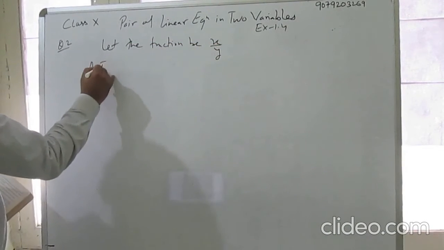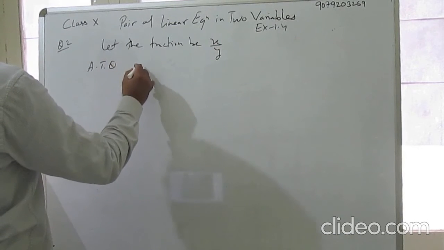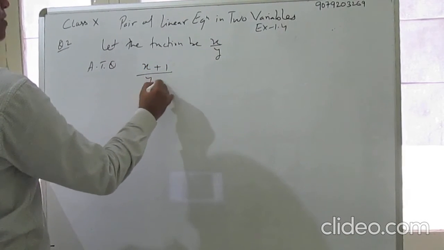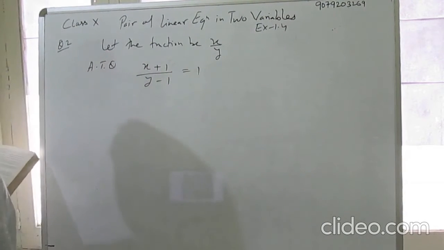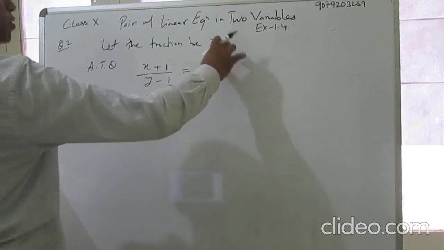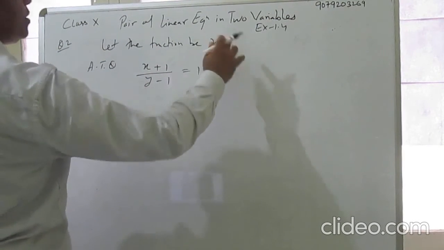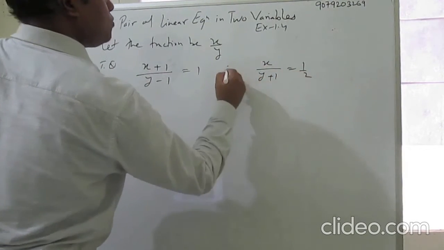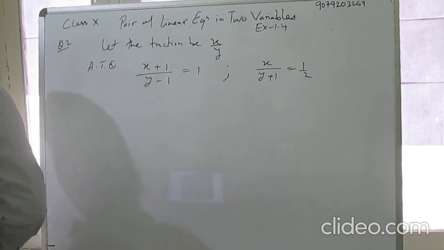Now ATQ, which means according to the question, if we add 1 to the numerator and subtract 1 from the denominator, it becomes 1. Now the other condition: if we add only 1 to the denominator, it becomes 1 upon 2. So this is the situation.